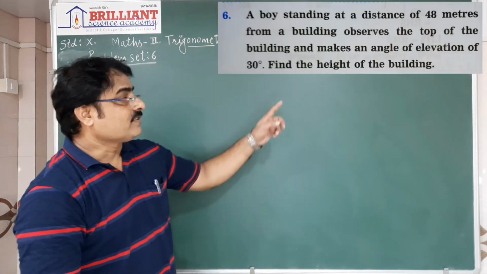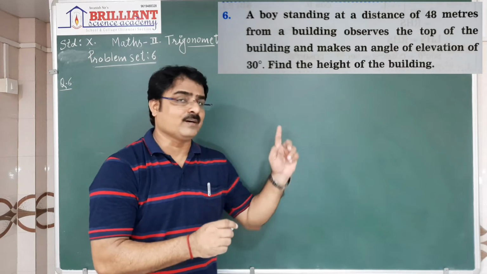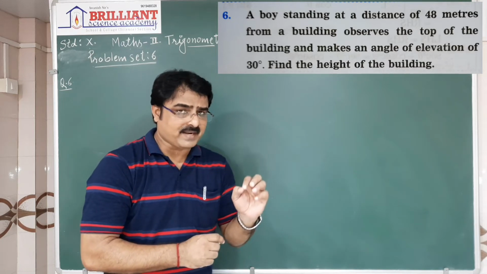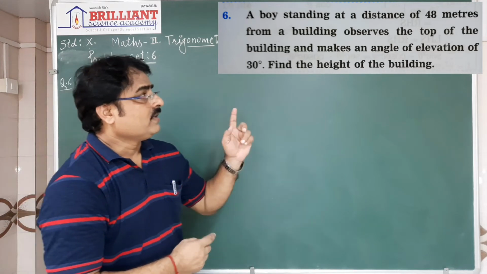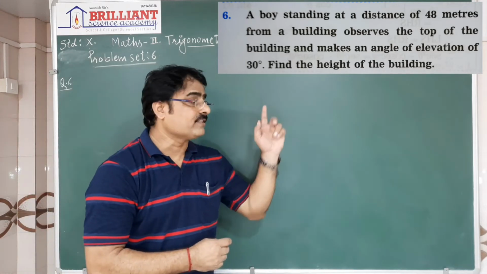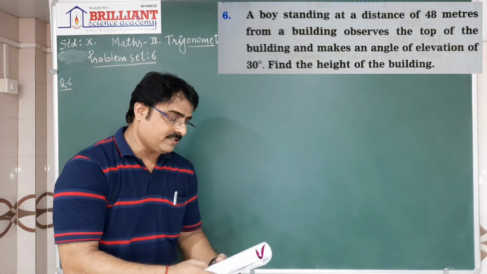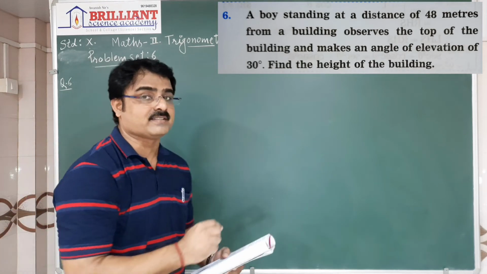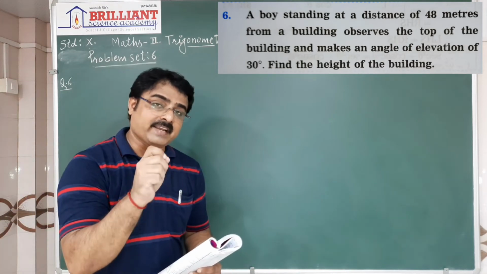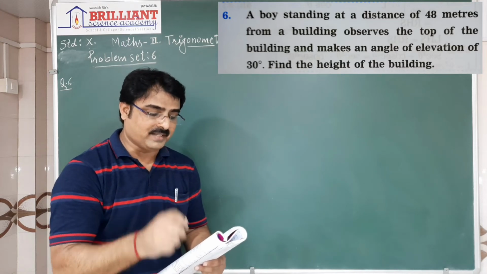See your question number 6, and first pause the video and write down the question. After writing the question, you see here. Your sixth question is: a boy is standing at a distance of 48 meters from a building.